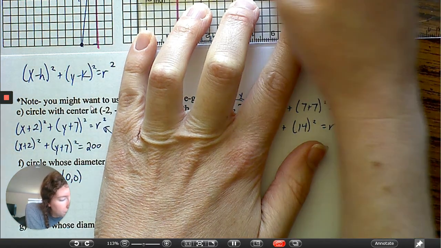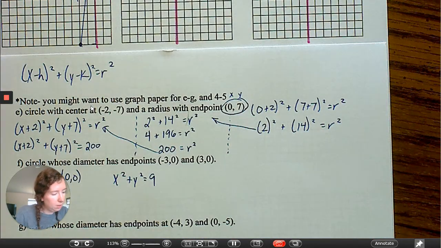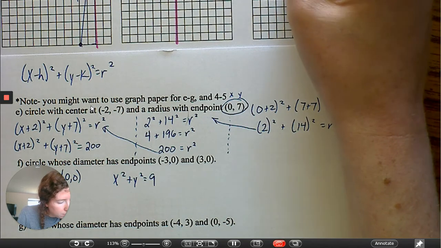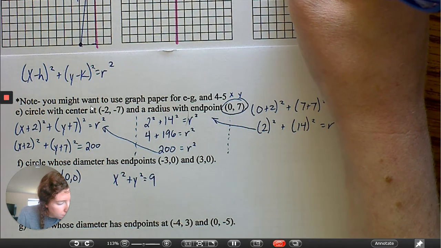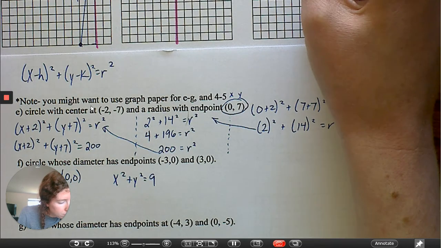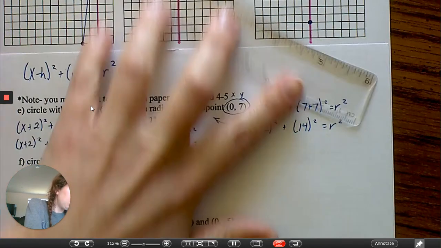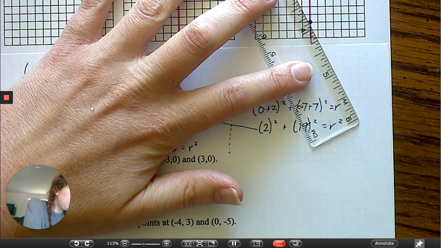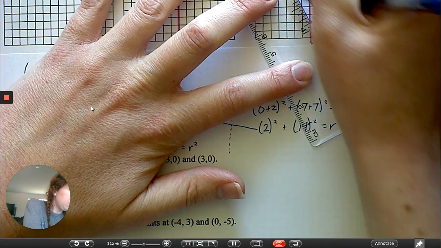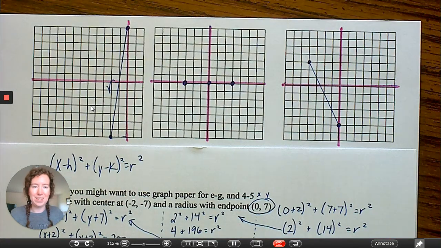I'm counting by 1 on all of these axes. -4, 3, and 0, -1, 2, 3, 4, 5. Okay. That right there is my diameter of my circle. Now you can see it. There's my diameter. I need to find the center point. So essentially I need to find the midpoint.